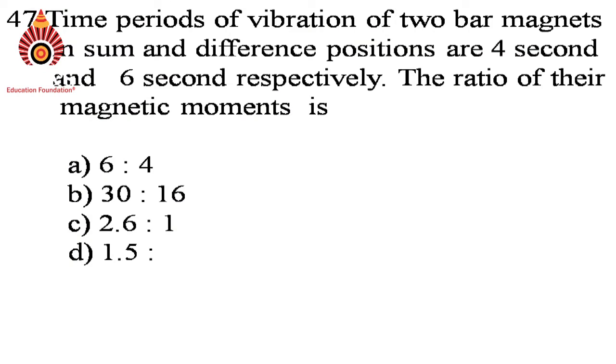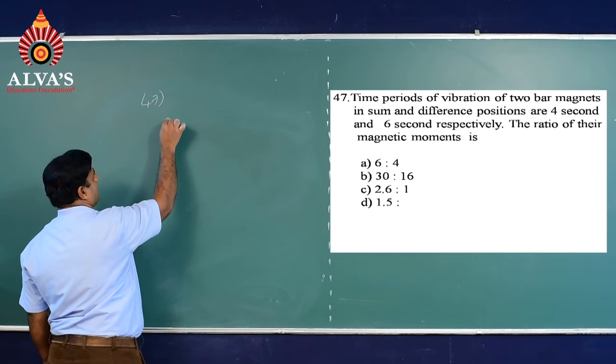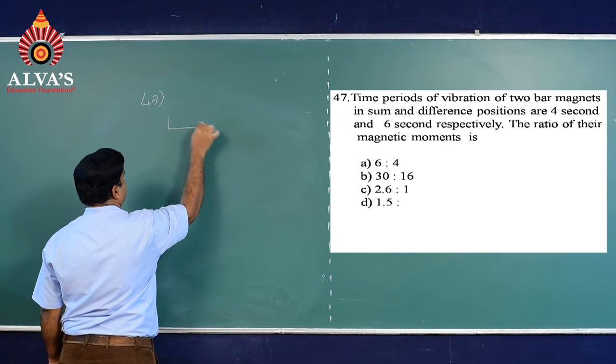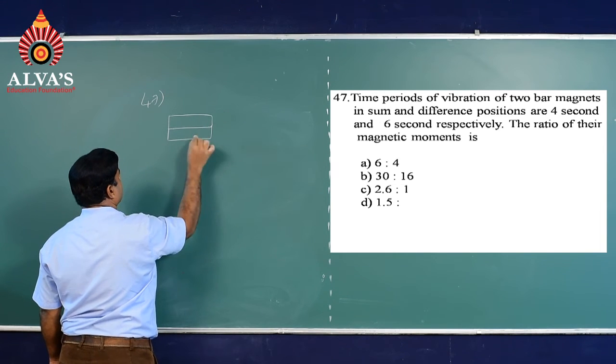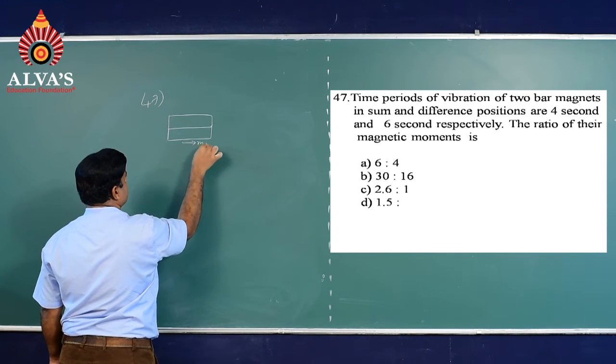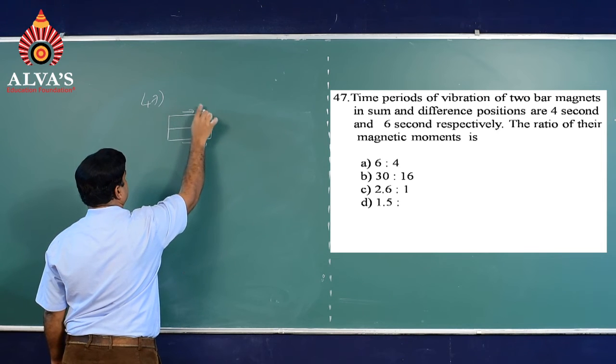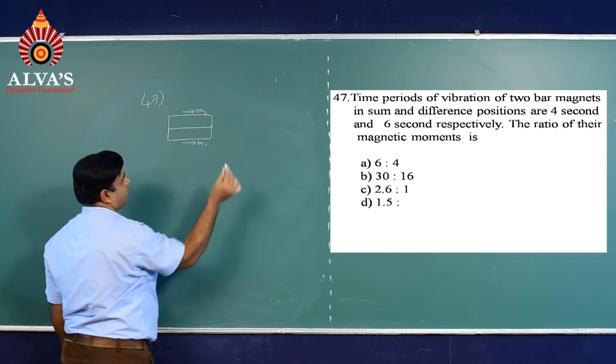Time periods of vibration of 2 bar magnets in sum and difference positions are 4 seconds and 6 seconds respectively. The ratio of their magnetic moments is? Whenever 2 magnets are placed such that they have magnetic moment in the same direction, it is called sum position.